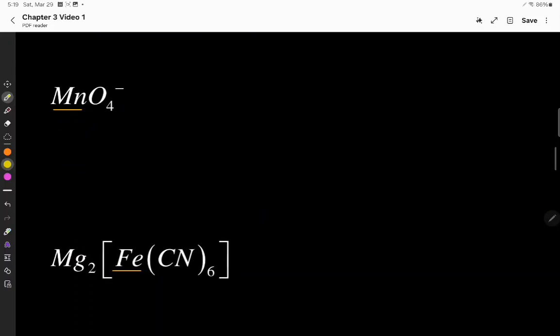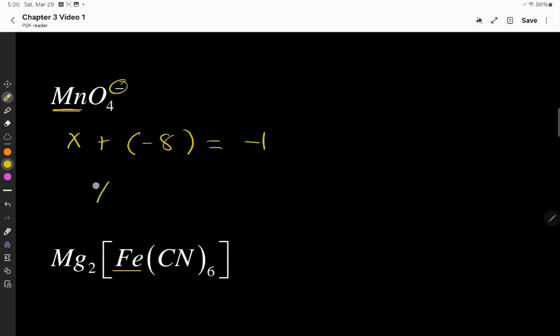If we have an ion with a charge, we will not set it equal to 0, we will set it equal to the charge. Here, manganese, I'll write X, plus oxygen is negative 2. Negative 2 times 4, that will be negative 8. Equal 0? No, equal negative 1.